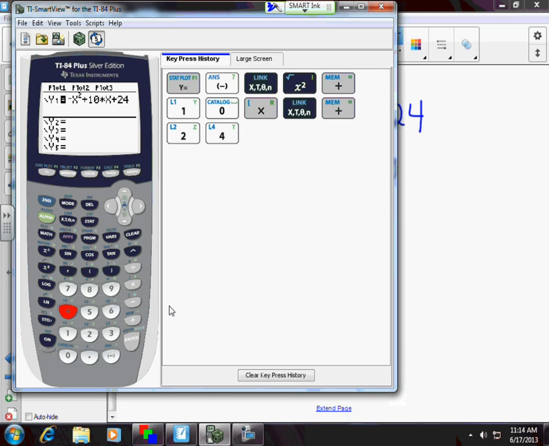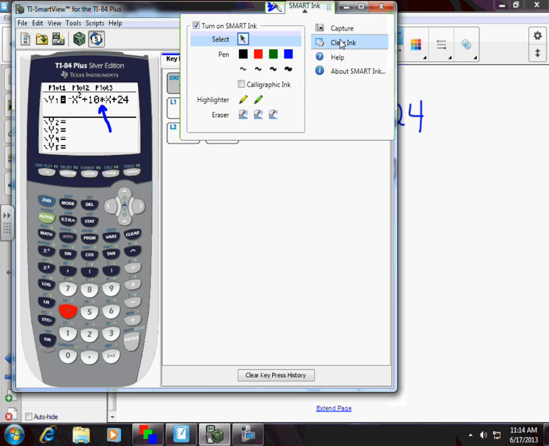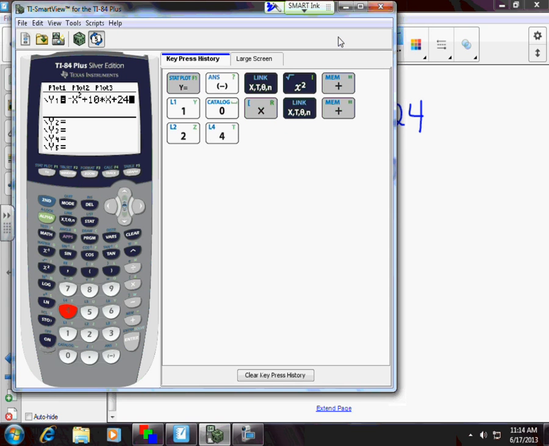Now, you might have noticed by now that you can get away on your calculator with omitting the times symbol. You could actually type in 10x and your calculator would understand what that means. I prefer to put the times symbol in just as good practice.